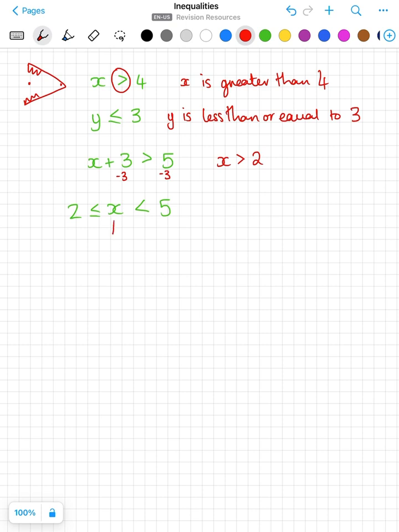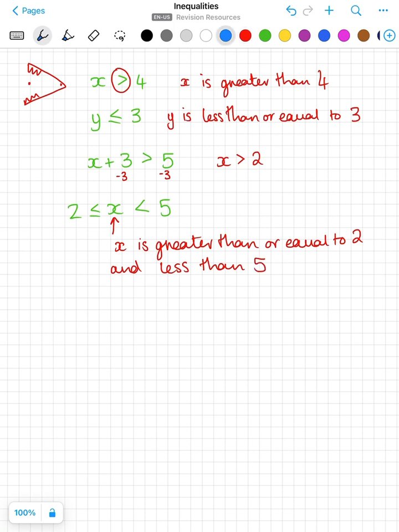Sometimes we see our letter sandwiched between two inequalities. You want to always start with the letter. X is greater than or equal to 2 and less than 5.